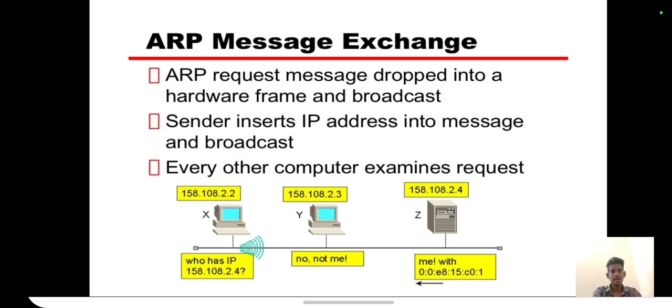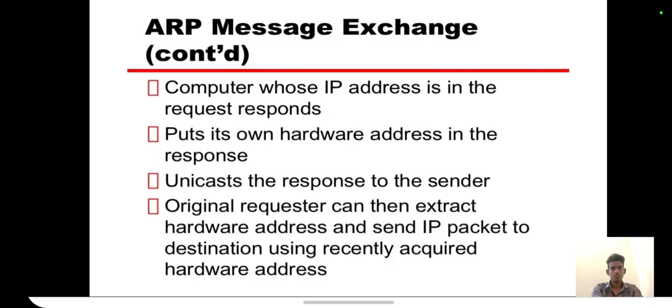Every other computer examines the request. The computer whose IP address is in the request responds, puts its own hardware address in the response, and unicasts the response to the sender. The original requester can then extract the hardware address and send the IP packet to the destination using the recently acquired hardware address.